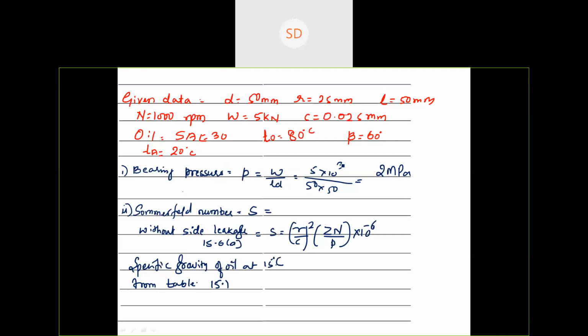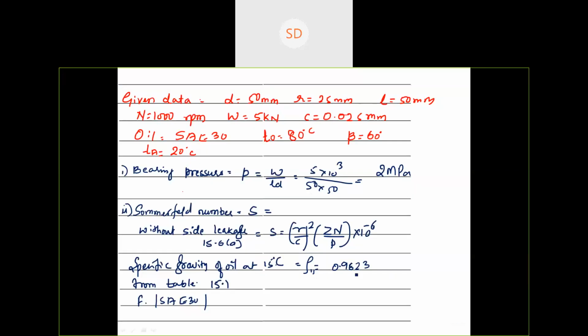Right. Now SAE 30 oil, it is F, okay, 0.9263. So the oil type is F. Now specific gravity rho 15 is 0.9263.